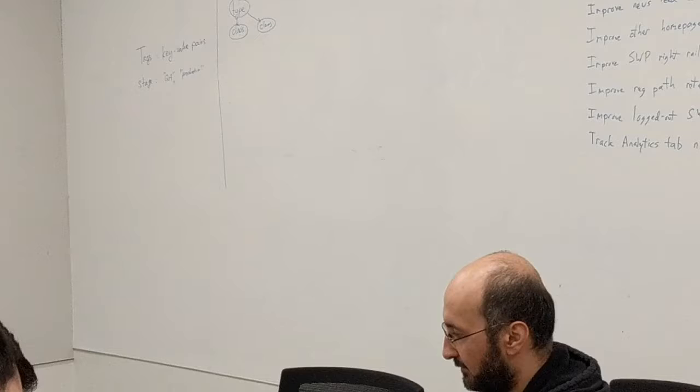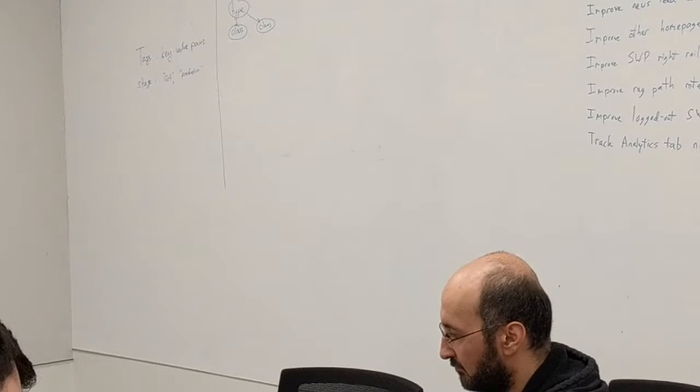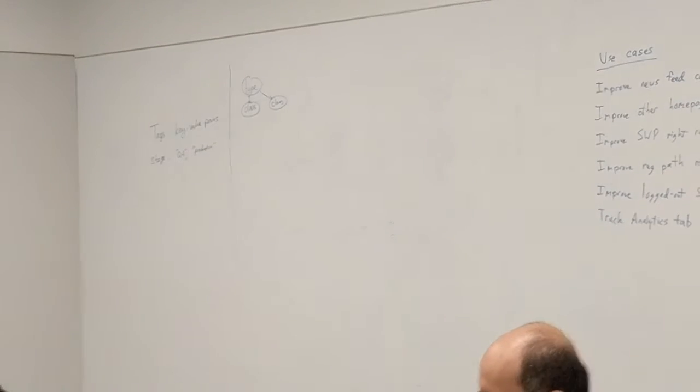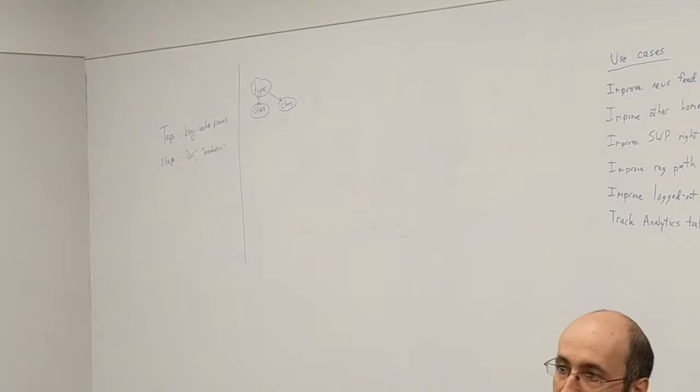Let's go to stage, production, and then do tag keys server type, like this.